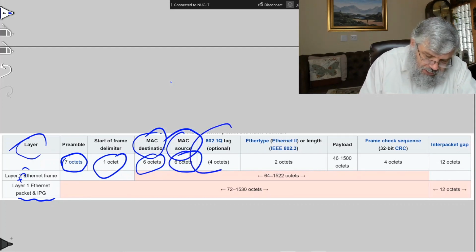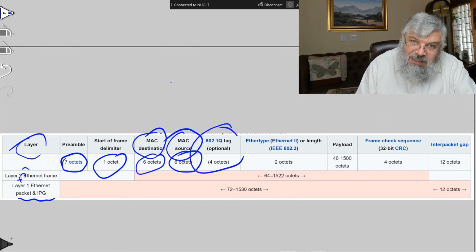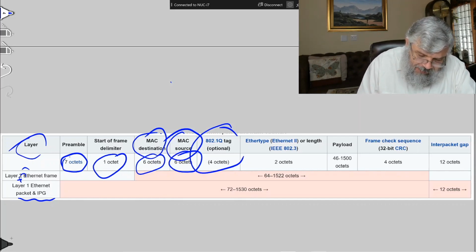Then there's an optional field, leave it up to you to figure out how it knows whether you've used it or not. And then there is the length that we mentioned previously.